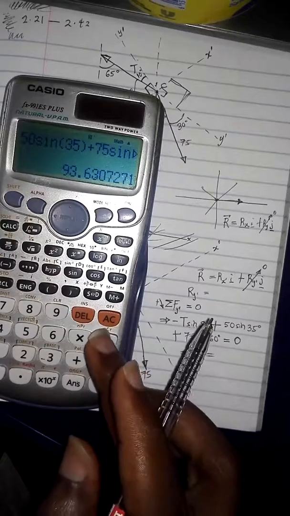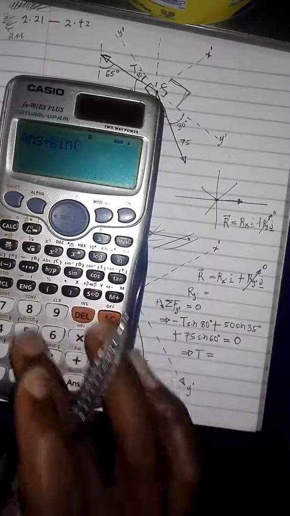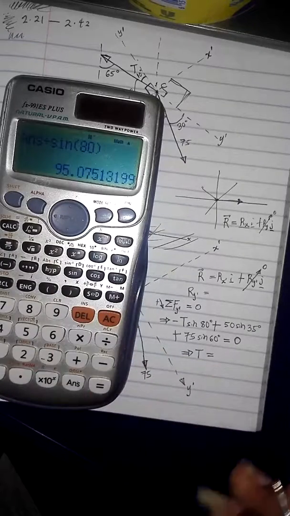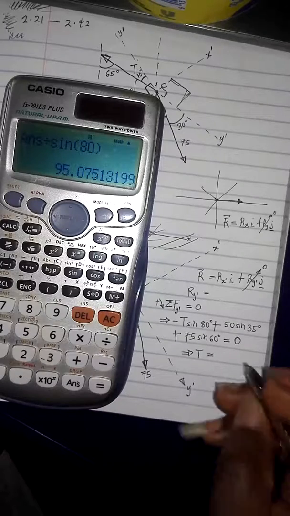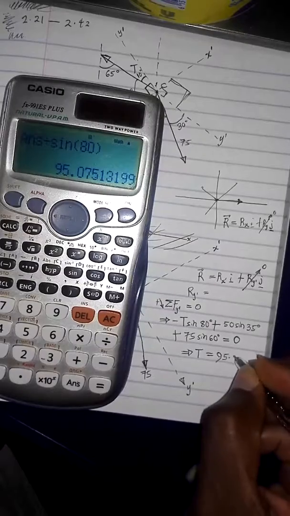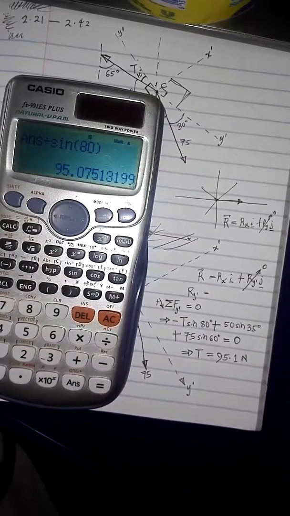So I'm going to divide this by sine 80. Everything divided by sine 80 is 95.07. So let us see, that is 95.1 Newton, in line with our rule. Alright, so that is that about that. That is the answer to the first part of the problem.